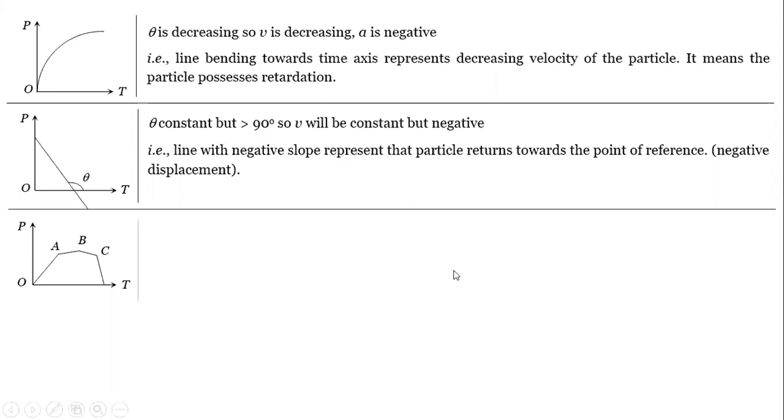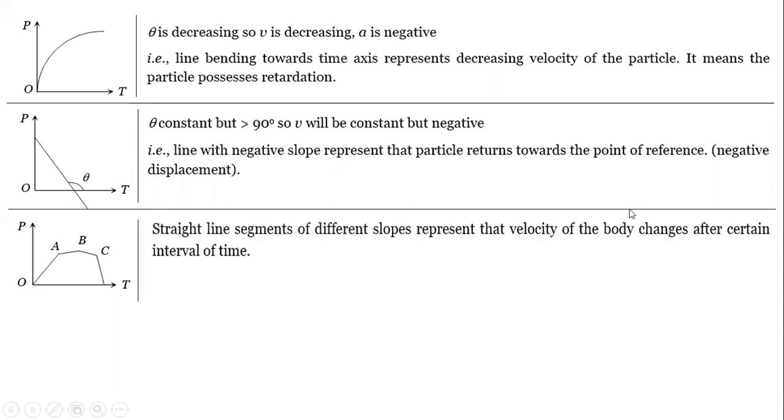What we interpret is that with straight lines of different slopes, the velocity is changing after certain intervals of time. From O to A it was having some velocity, but when it traveled for the time interval from A to B, the velocity value decreased, but uniform.